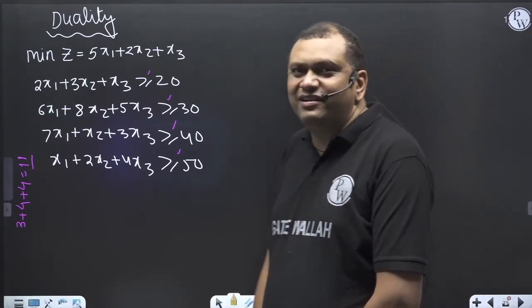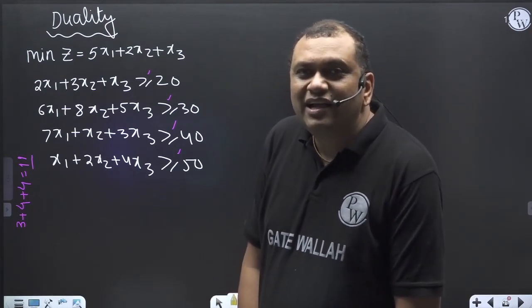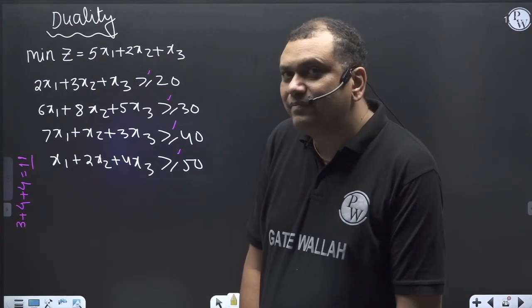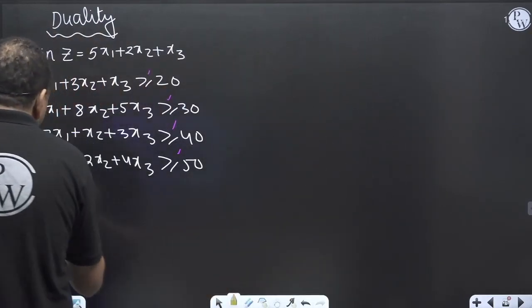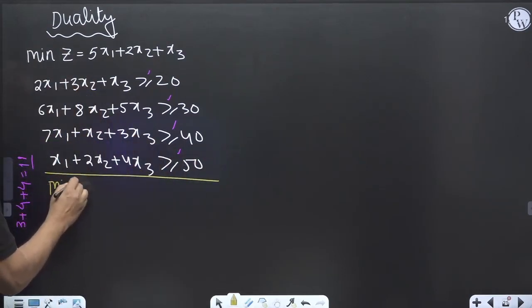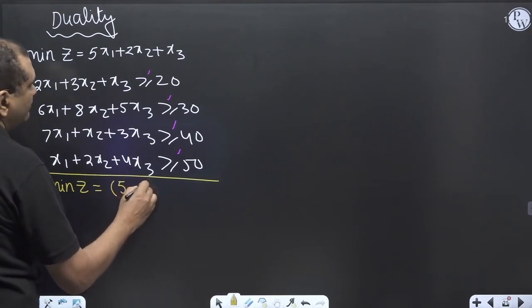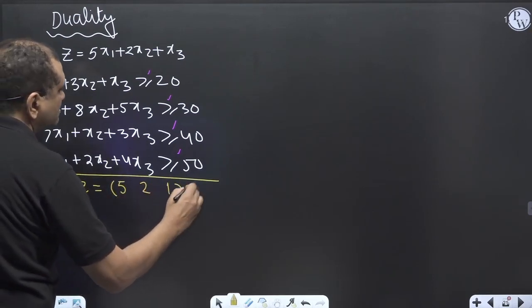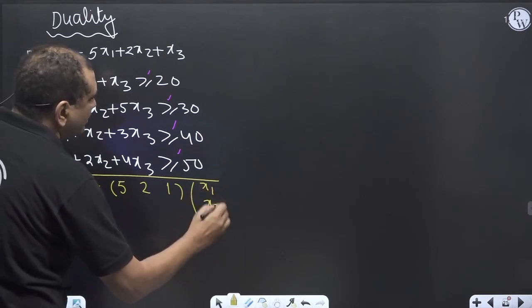Now, we should learn how to write the primal problem in matrix form. So I am writing the matrix form. Minimum z is equal to 5, 2, 1 times x1, x2, x3.